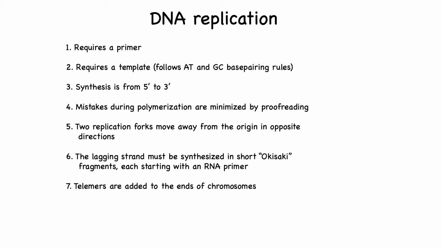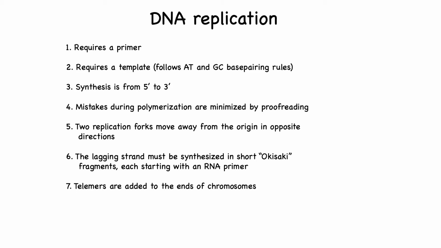So once synthesis is initiated at an origin of replication, the 2 replication forks will move away from the origin in opposite directions. The lagging strand must be synthesized in short Okazaki fragments, and each of those has to start with an RNA primer. And the lagging strand, of course, is a strand where the polymerase is moving away from the fork rather than towards the fork.